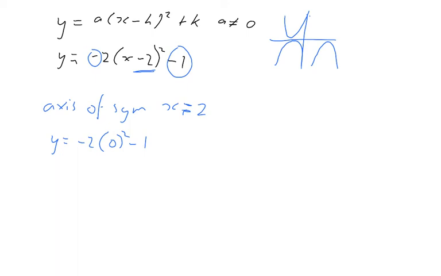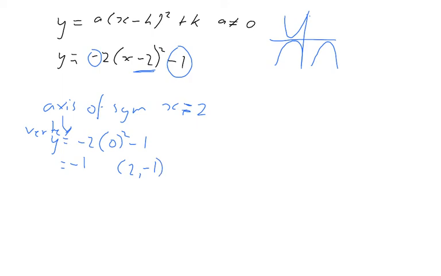Minus 2 times 0 is 0, which equals minus 1. So our axis of symmetry is x equals 2. So our vertex is equal to 2, minus 1.